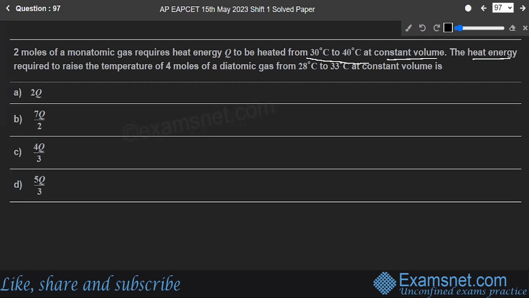The heat energy required to raise the temperature of 4 moles of diatomic gas from 28 to 33 degrees Celsius at constant volume is. So here you are given that 2 moles of monoatomic gas require heat energy Q to be raised from this to this.